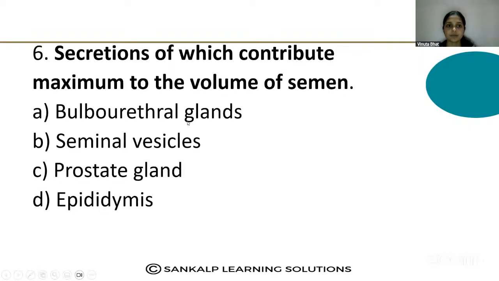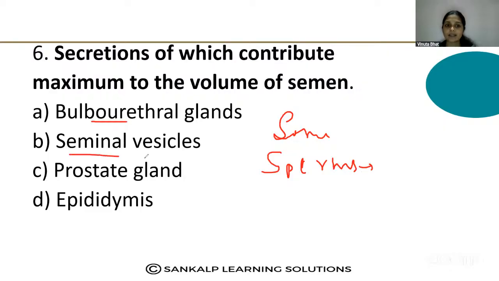Next question. Secretions of which contribute the maximum volume of the semen? You know that semen contains the sperms as well as secretions from the bulbourethral gland, seminal vesicles and the prostate gland.